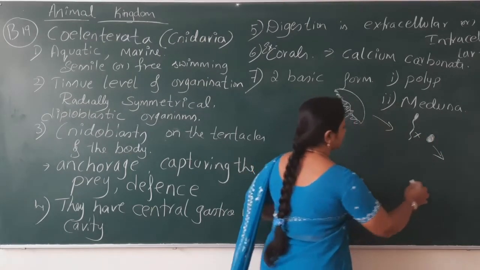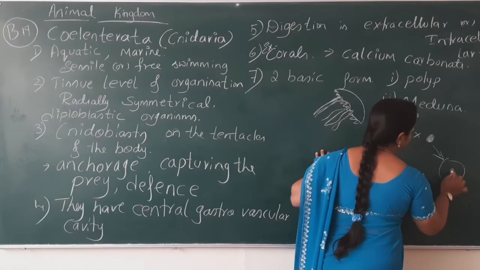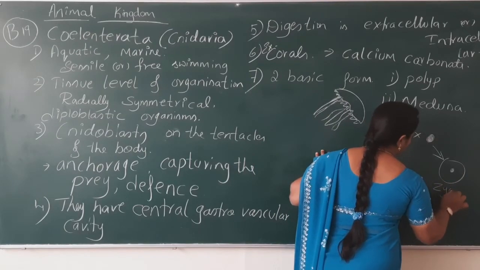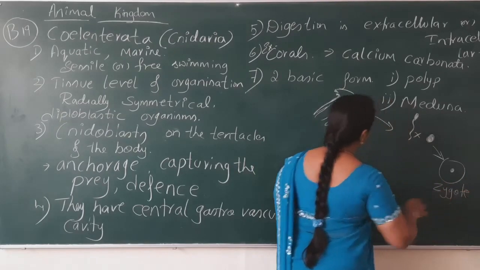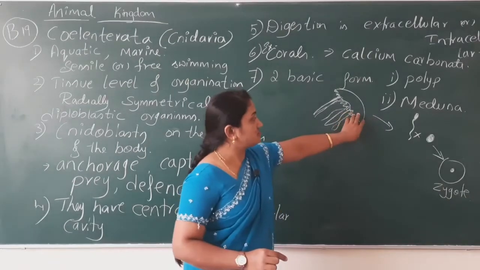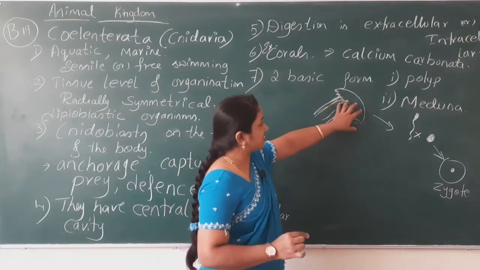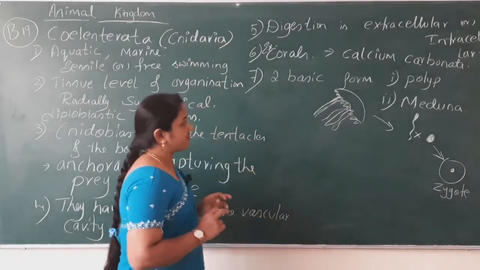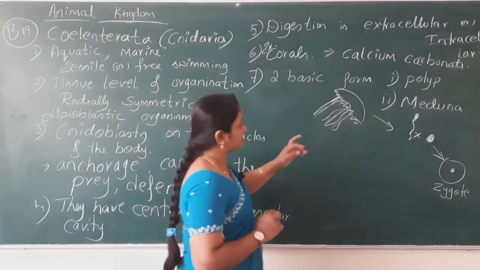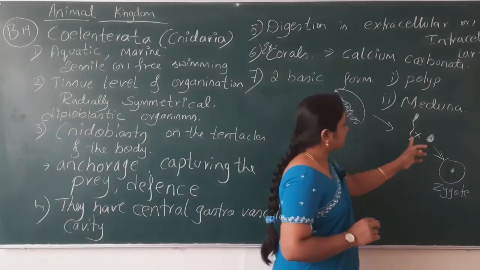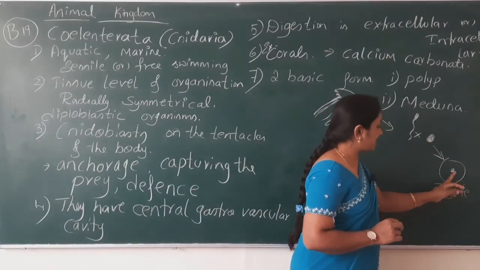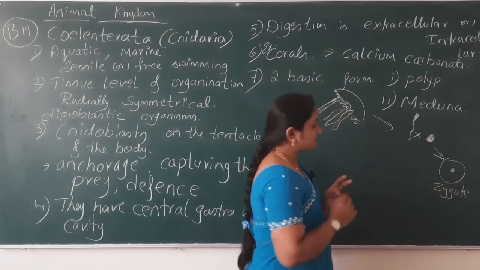Now what next? Here will be the formation of zygote. Don't forget, this is the free living organism. Freely it can swim in the aquatic water body. When it releases the gametes, they fuse with one another and form a zygote.